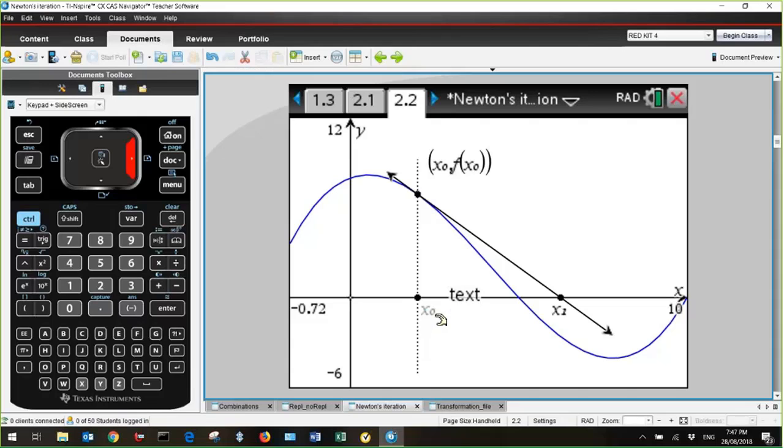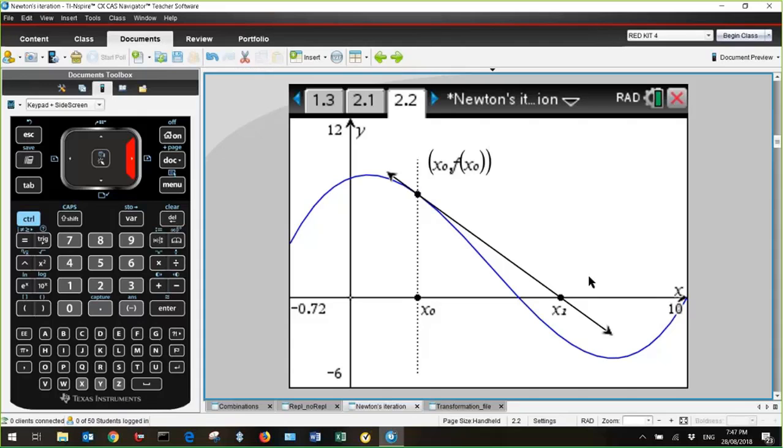So the tangent will intersect the x-axis at a point x1. Now, if my initial guess x0 was a reasonable guess, then x1 should be fairly close to the true value of the root.